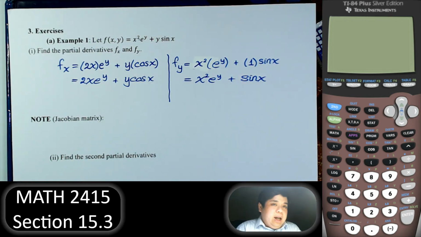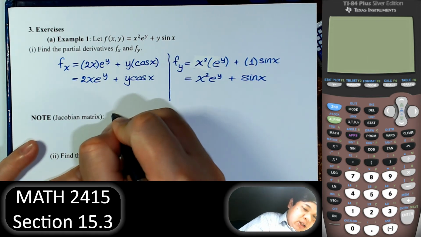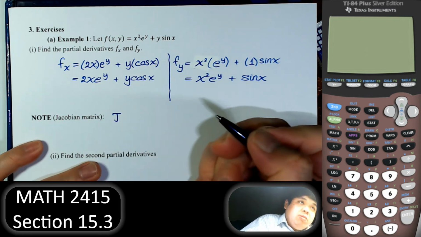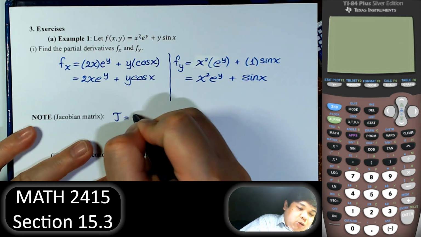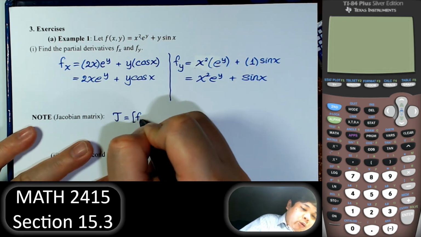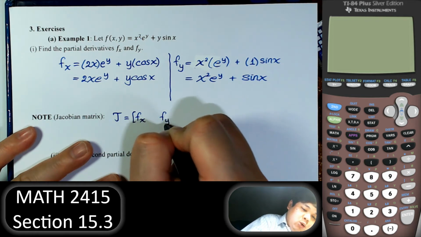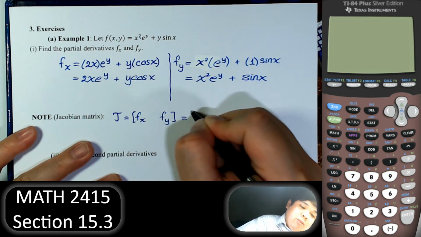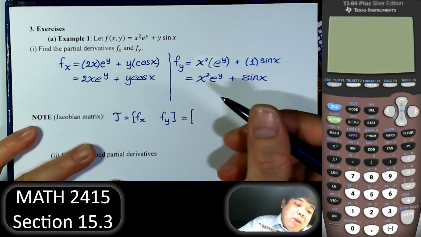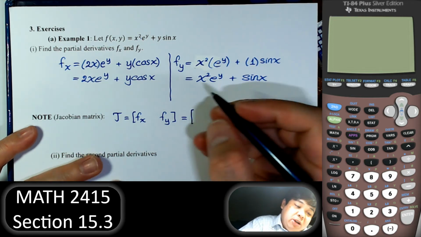Right. Now, the Jacobian matrix, or just the Jacobian, is the matrix of partial derivatives with respect to x and with respect to y. So we're going to put this in the matrix. This is the matrix, so don't put the comma in the middle.